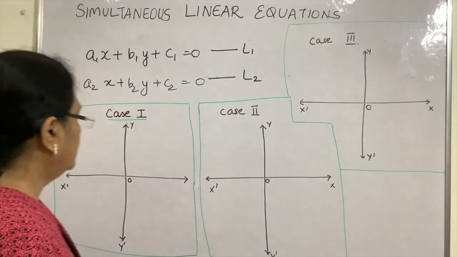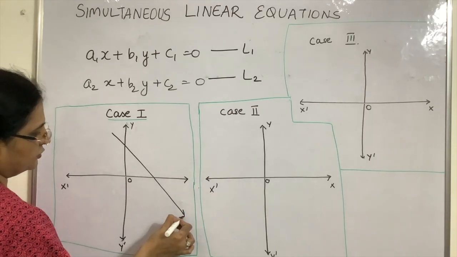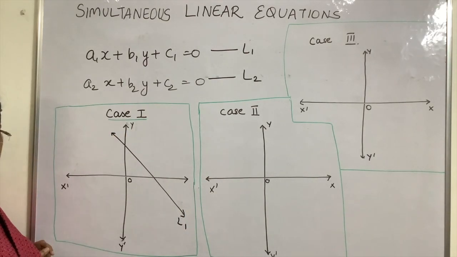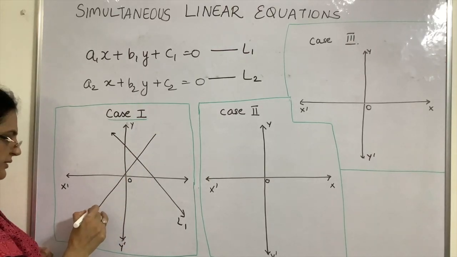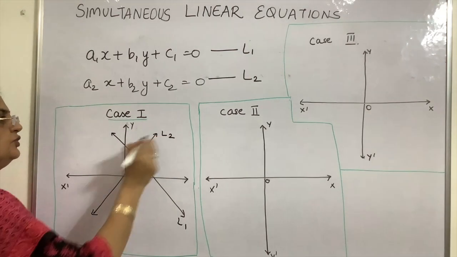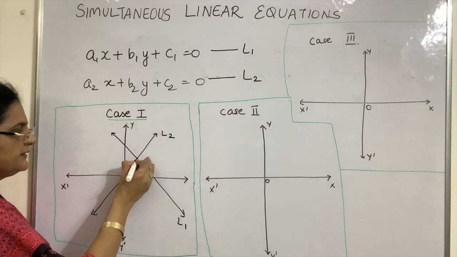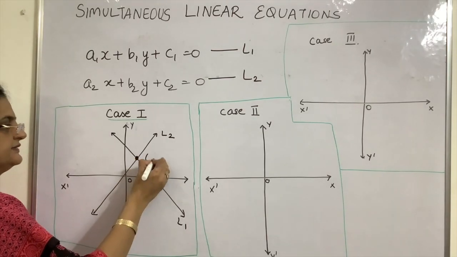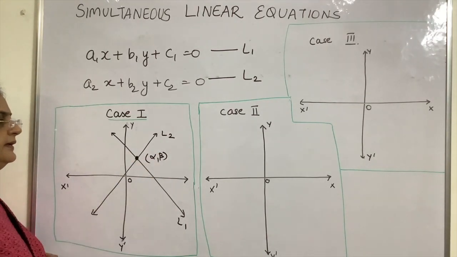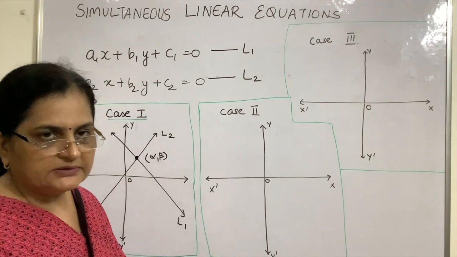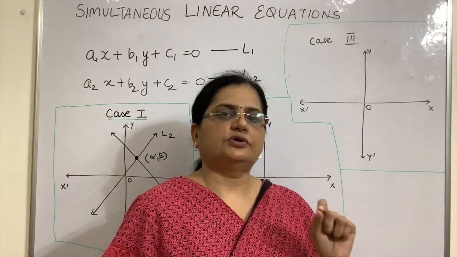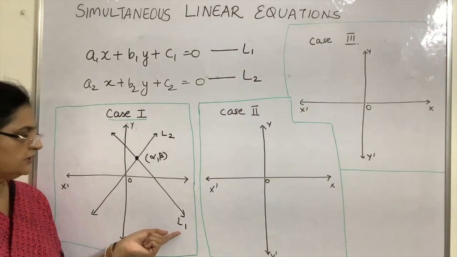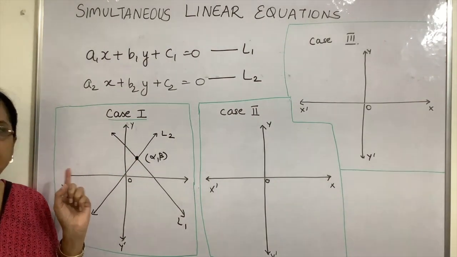First case, line L1 supposing say goes like this. Let me say this is L1. Then line L2 may go like this. This is L2, and they will intersect at one point. Let us say this is (alpha, beta), and this point will be the unique solution, or this will be the point which will satisfy both equations L1 and L2.